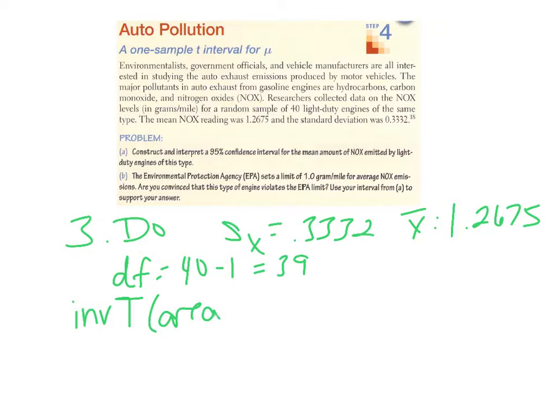So my area, because I'm at 95% confidence here, that leaves 5% in total, so 2.5% in each tail.